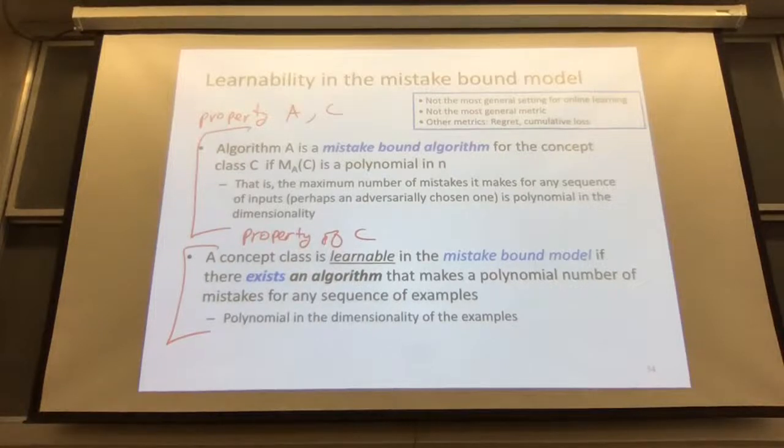If I know that you have a certain function in mind, I will pick an example where your function is going to make a mistake. And because the concept class is an arbitrary Boolean function, I can always find such an example. I can always take your function and see what the label is on all examples and see where it disagrees with my function. There must be at least one such example because my function is not the same as yours.